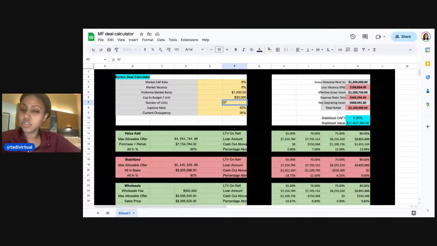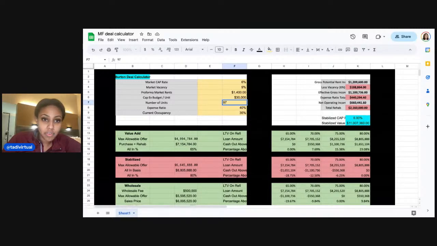But the cool thing is when you use Google, you can look up things like Houston multifamily C class cap rate. And you can see what the average cap rate for Houston multifamily property would be. So you see here, this is literally Google. It'll tell you a lot about the multifamily market.